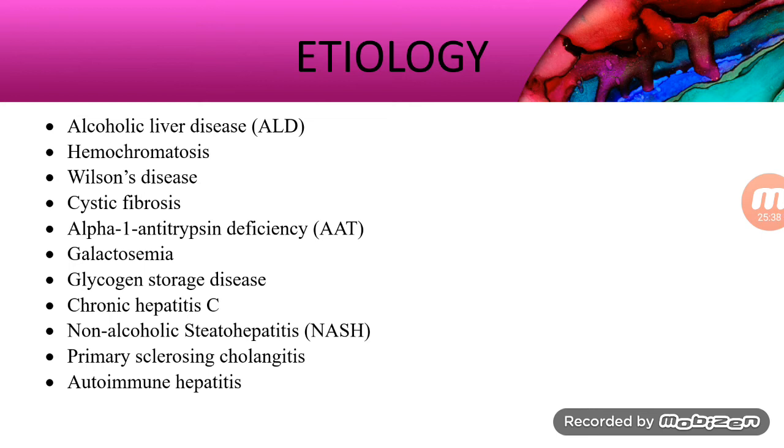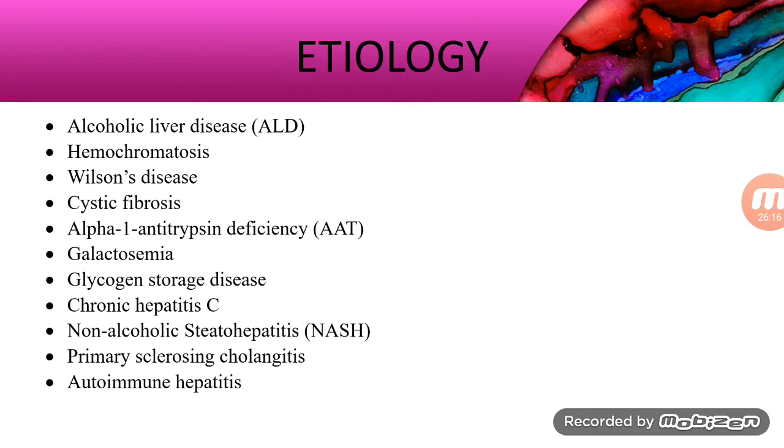Then glycogen storage disease. Glycogen storage disease is also known as glycogenesis or dextrinosis. It is a metabolic disorder caused by deficiency of enzymes, resulting in inability to convert or metabolize the stored glycogen into glucose. As I already said in the function of liver, the liver can store the glycogen.